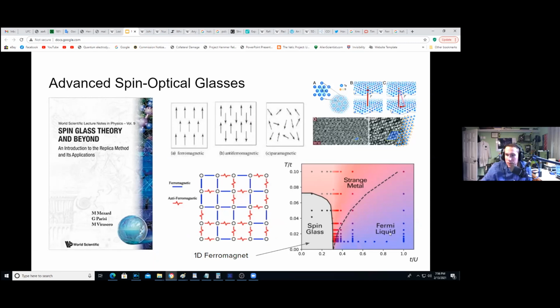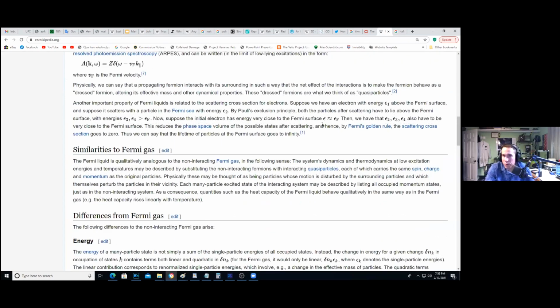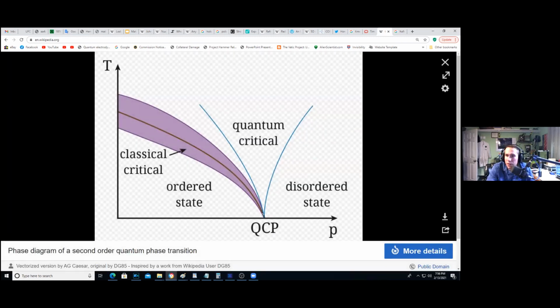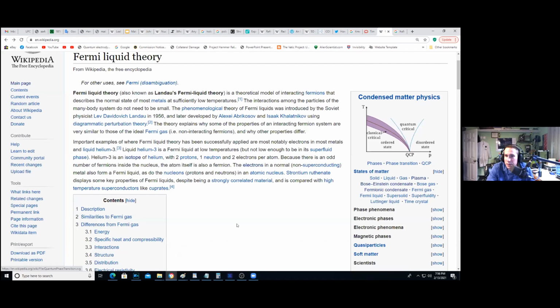but also you create what's called a Fermi liquid. And Fermi liquids are quite interesting. It's similar to a Fermi gas. It hits this sort of critical point with temperature and pressure, where along this curve right here, it stays classically critical.